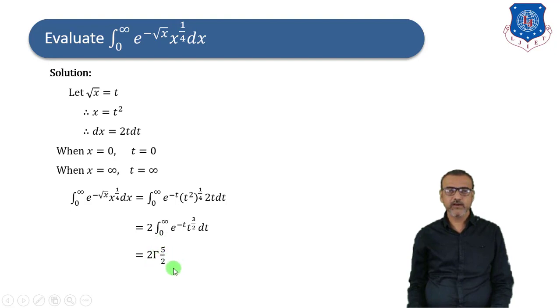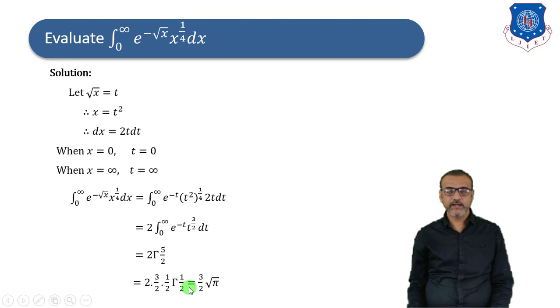Now we will evaluate the value of gamma 5 by 2 by applying the property gamma n plus 1 equals n into gamma n. So gamma 5 by 2 will become 3 by 2 into gamma 3 by 2, and gamma 3 by 2 will become 1 by 2 into gamma 1 by 2.